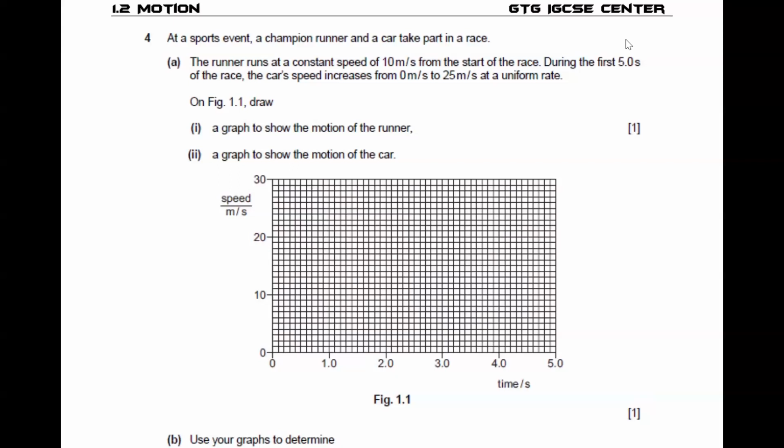Distance equals speed times time, right? The speed is 0, now it's 20, you can see it. It's the same thing.